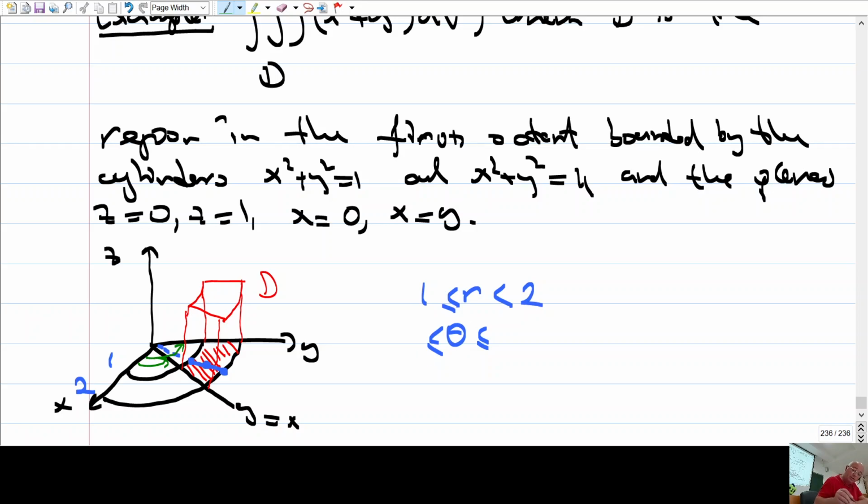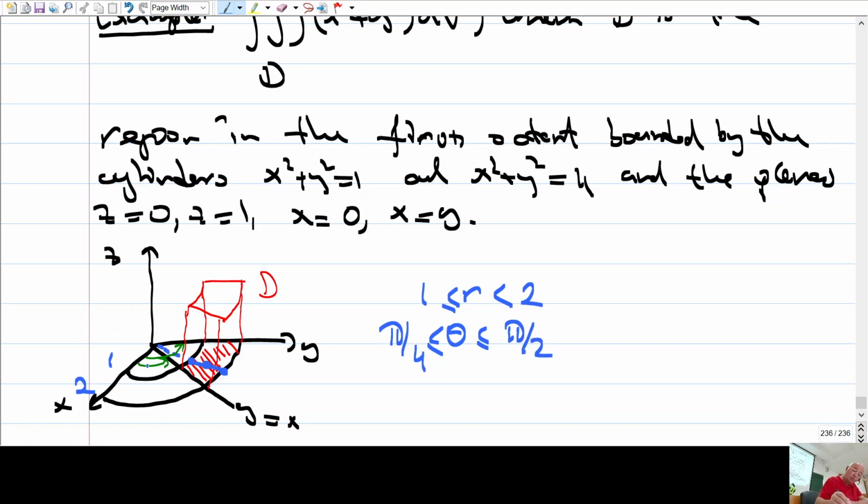So theta is ranging from pi over 4 to pi over 2.